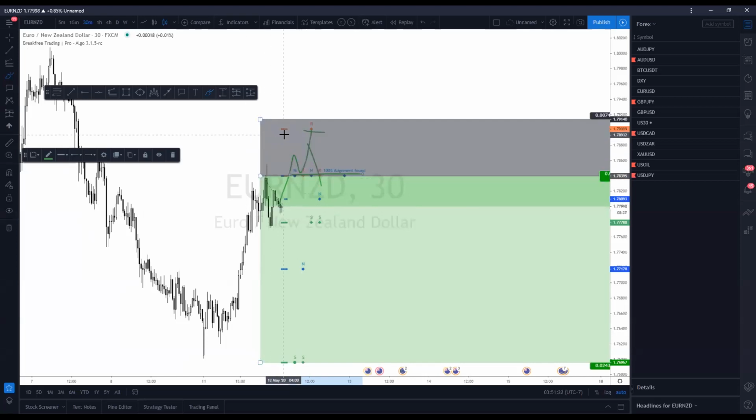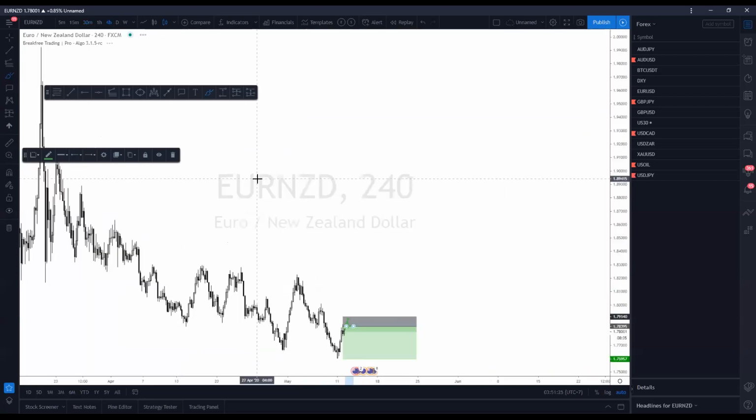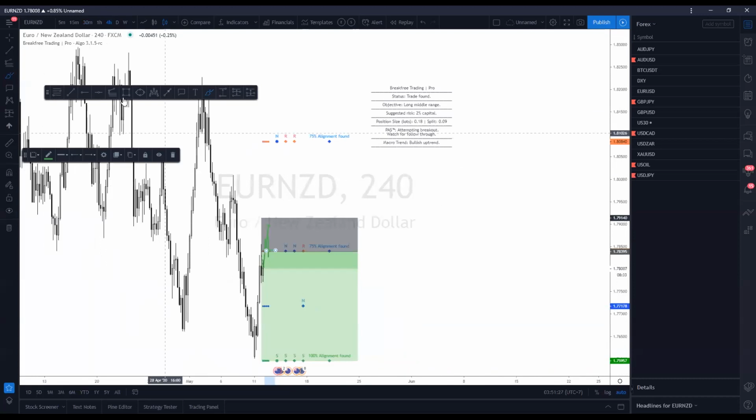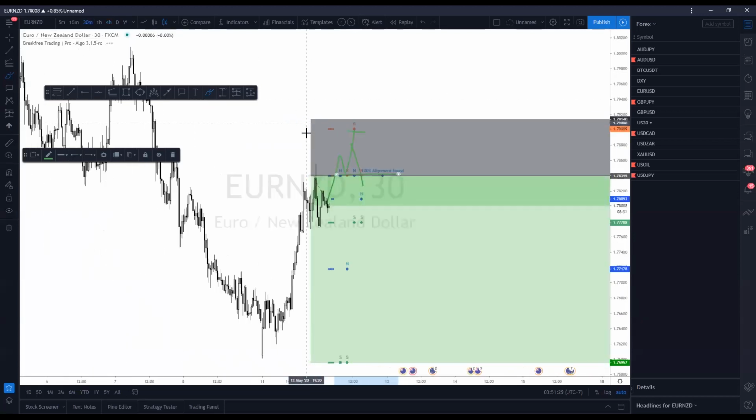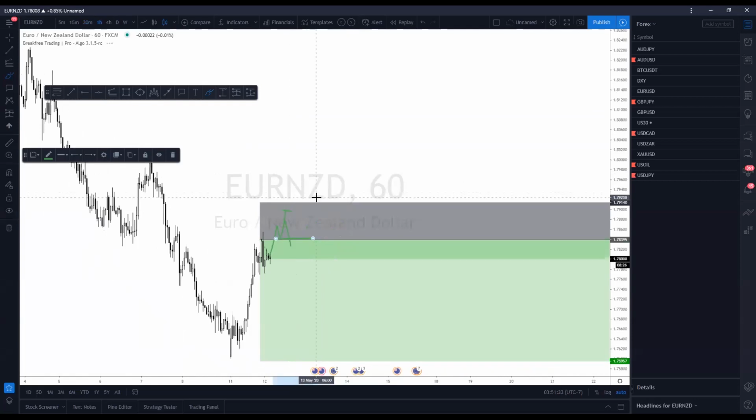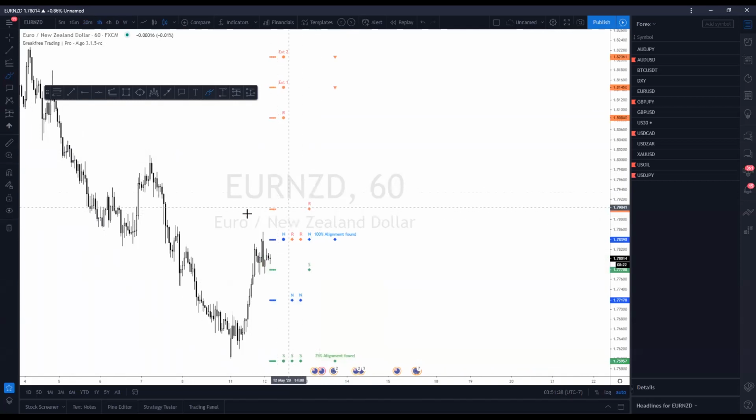So even for this resistance on the 4 hour, where was this? I think no, it was on a 30-minute resistance. I guess I can use this as an example. If price moves up, breaks this resistance, and comes back down, it'll now use it as support, but it's not going to be turned into immediate support.